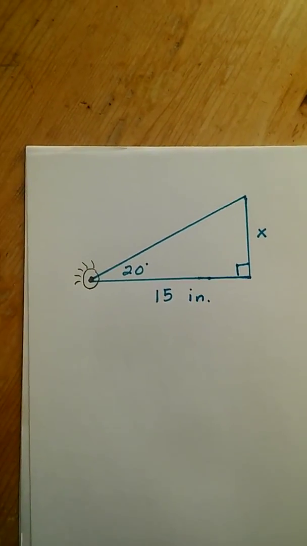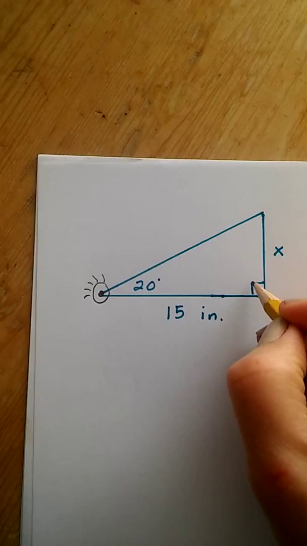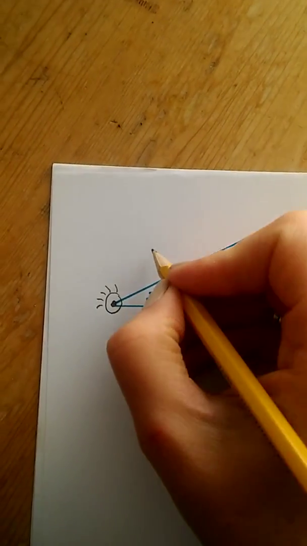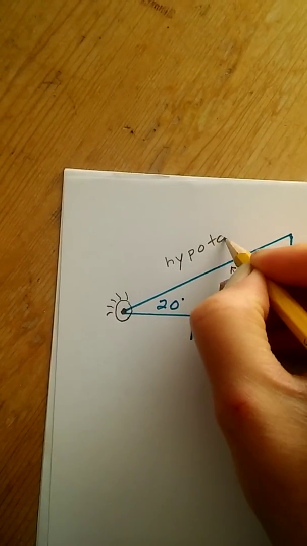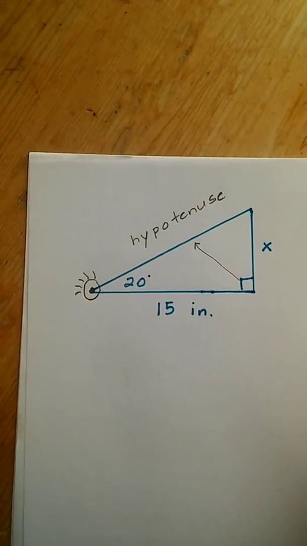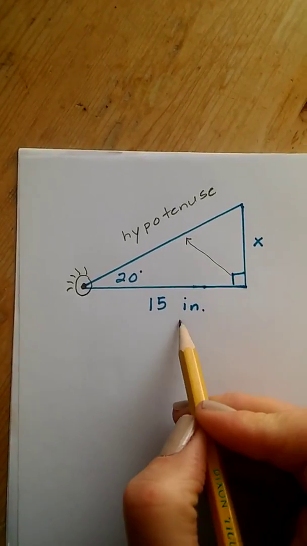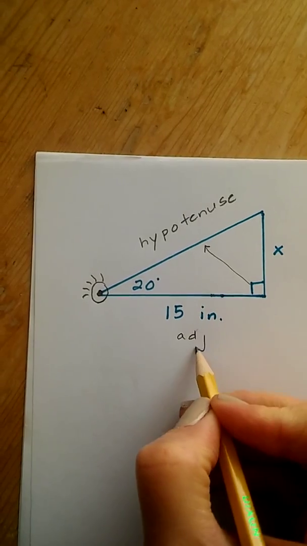So going back to our oldest vocabulary word, hypotenuse. Hypotenuse is always across from the right angle. Where the 15 is, we're going to label that as the adjacent leg.